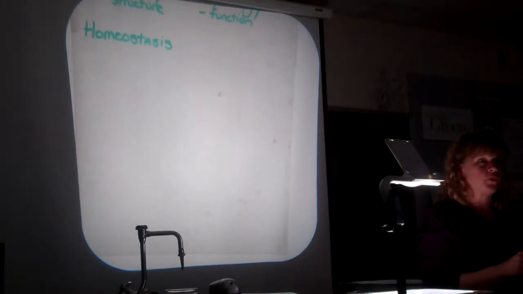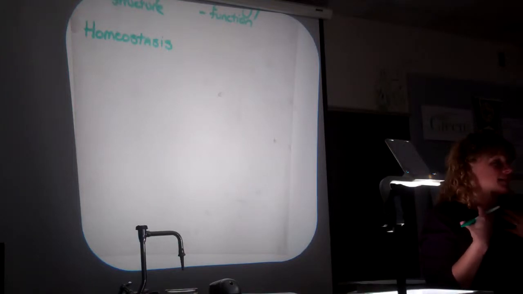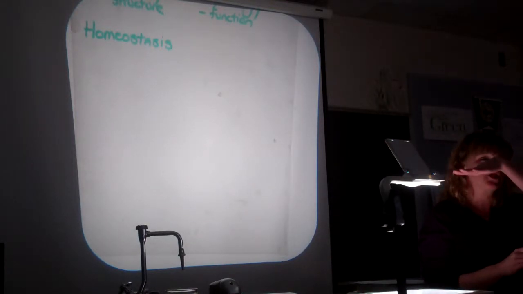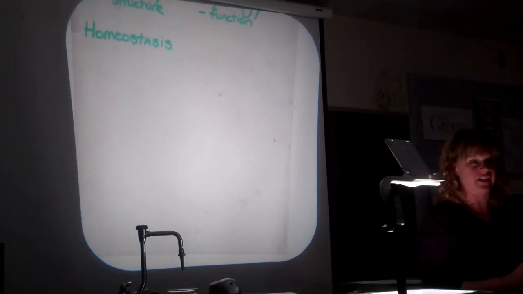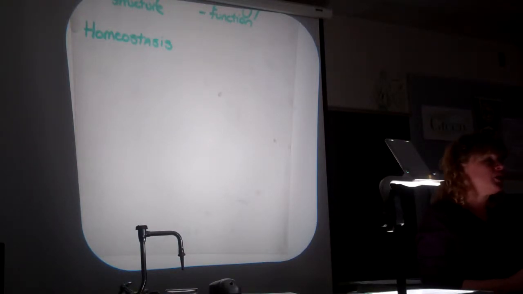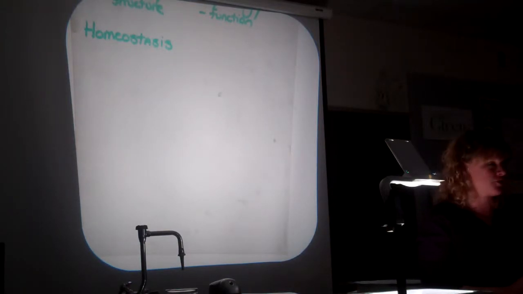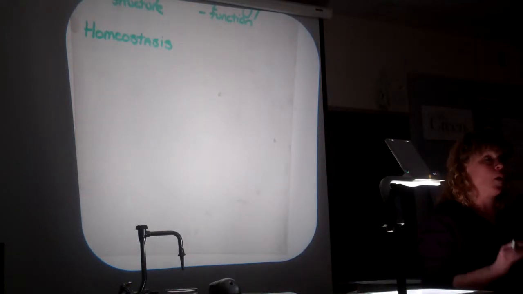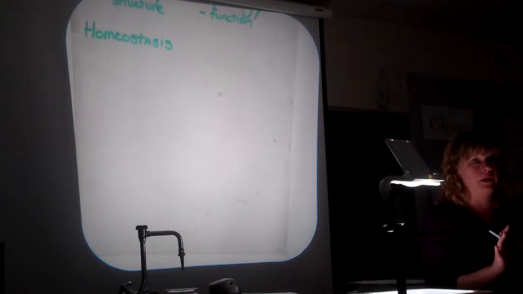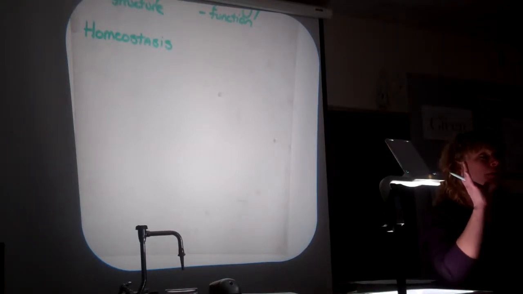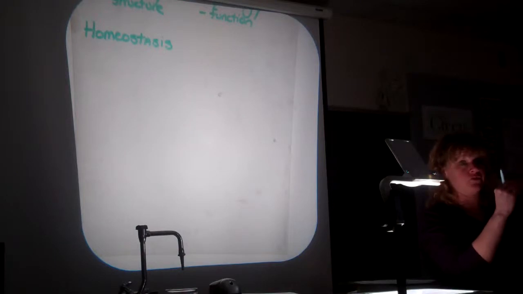We as humans have to maintain certain levels of everything, whether it's temperature, glucose levels, or calcium levels. We have to maintain certain ideal set ranges of everything in our body. When it gets out of whack, we better have something in place to bring it back to normal or else we're going to be in trouble.